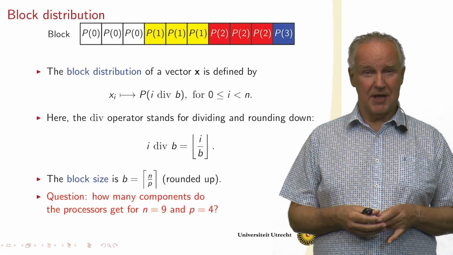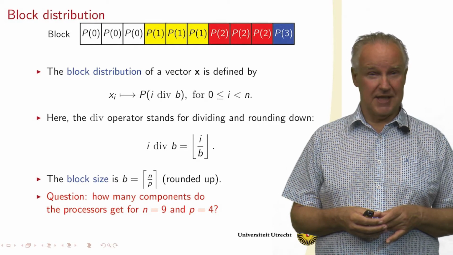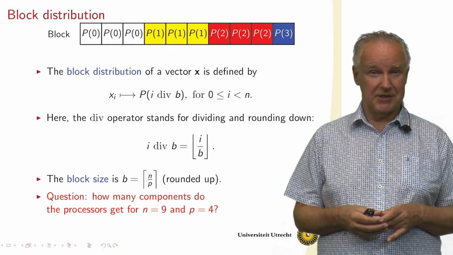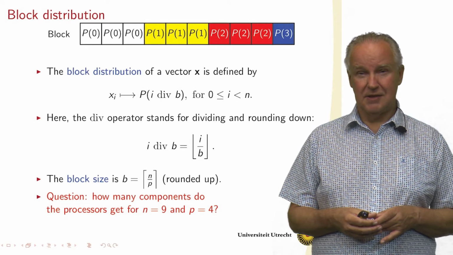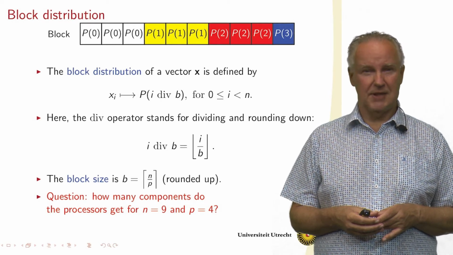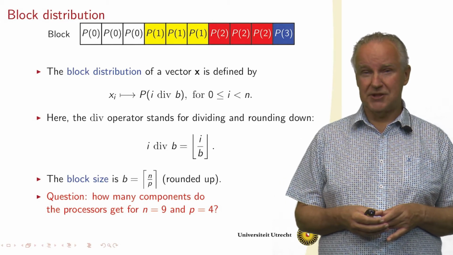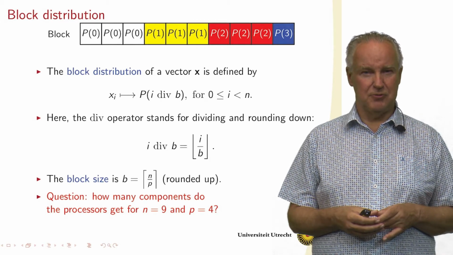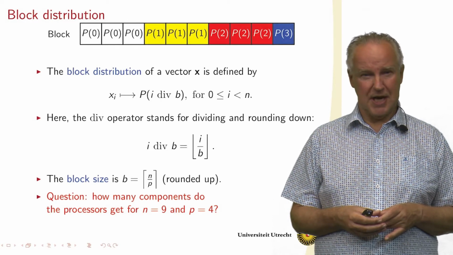And then the formula for assigning a vector component x_i, where i is the index of the component, is that processor i div B will get that component. And div is the division operation where we round down. So i divided by B and then rounding down.